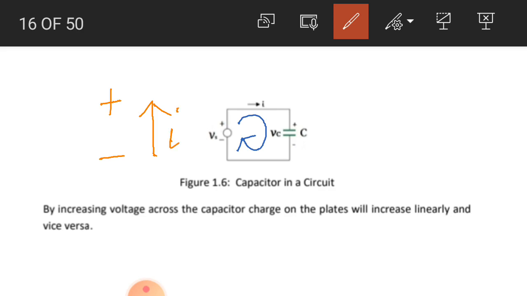The voltage across the source is known as a voltage rise. As the current flows from the negative terminal of the voltage source towards the positive terminal, the voltage across the source is a voltage rise.